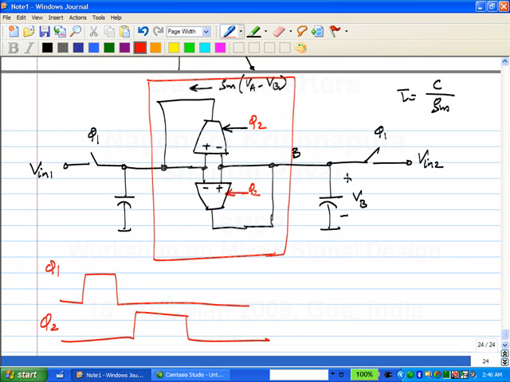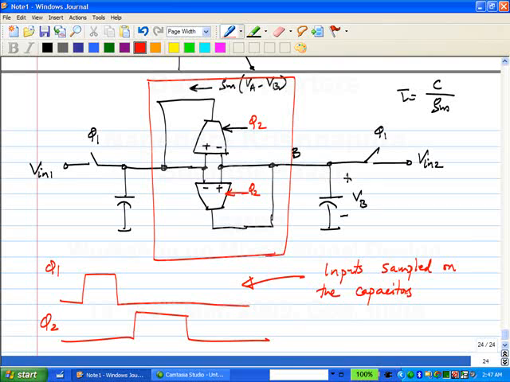Okay. So, during phi 1, what is happening? Inputs are sampled on the capacitor. Correct? During this phase, we do not want the current sources to operate.